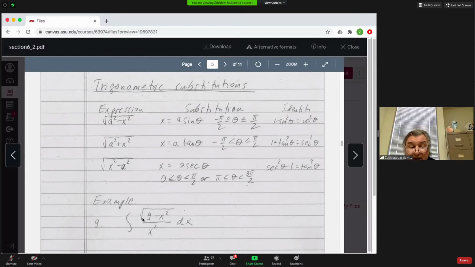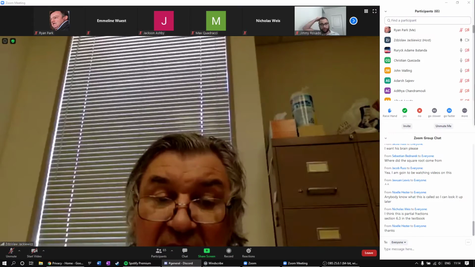Again, integrating those things with square roots is quite complicated, usually quite a messy thing. So let's work this example on the whiteboard. I will write it and then you will see how it works.